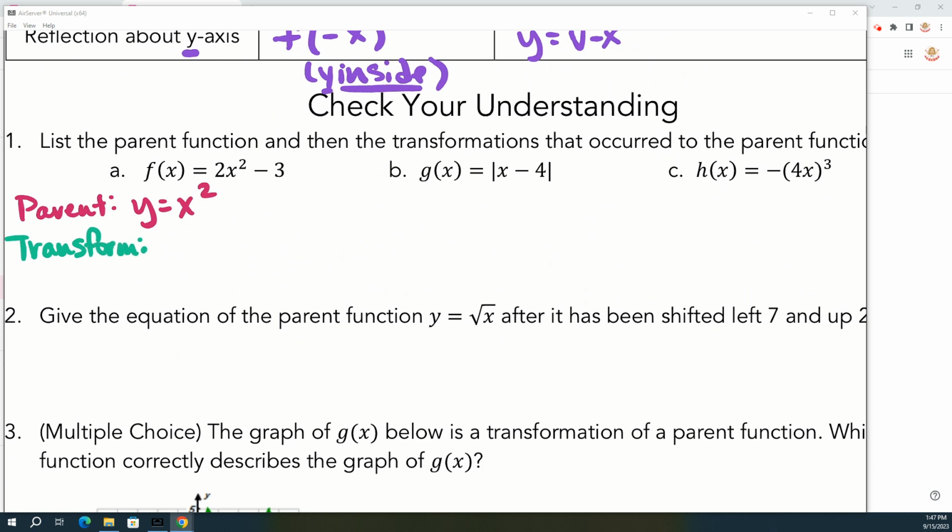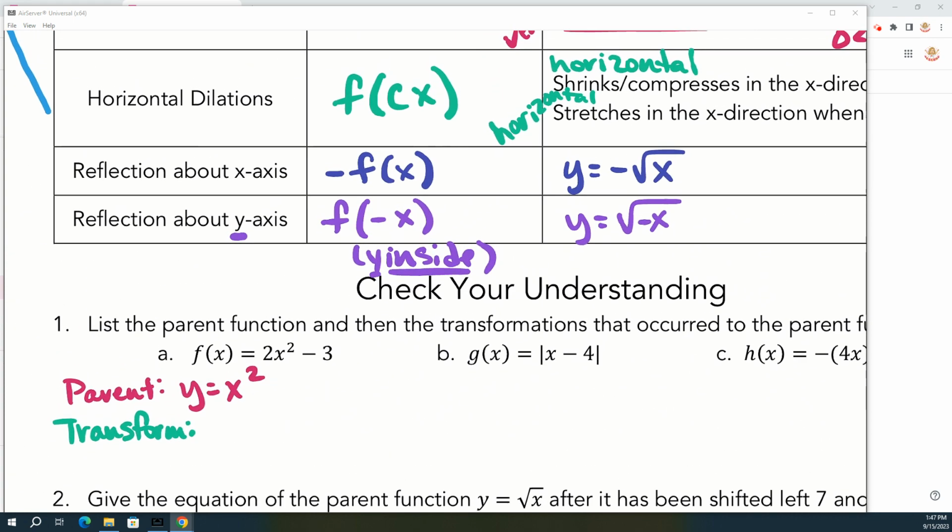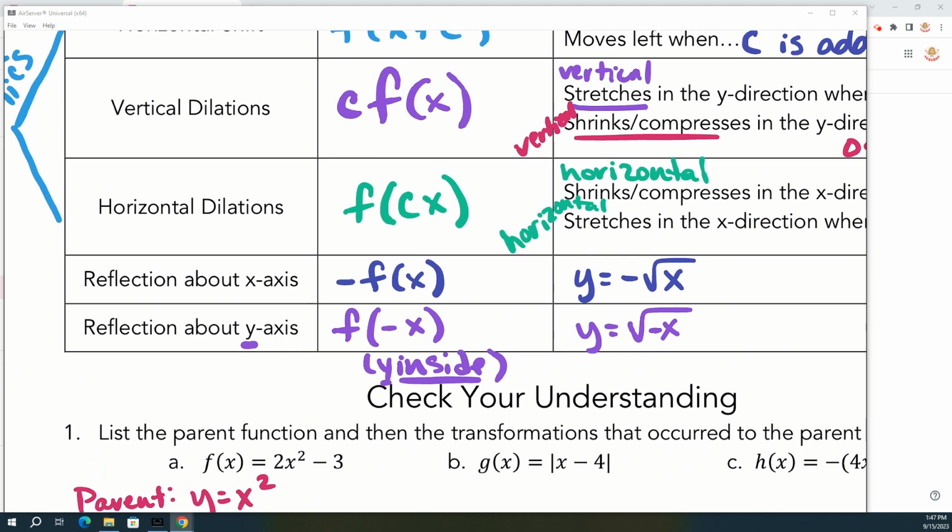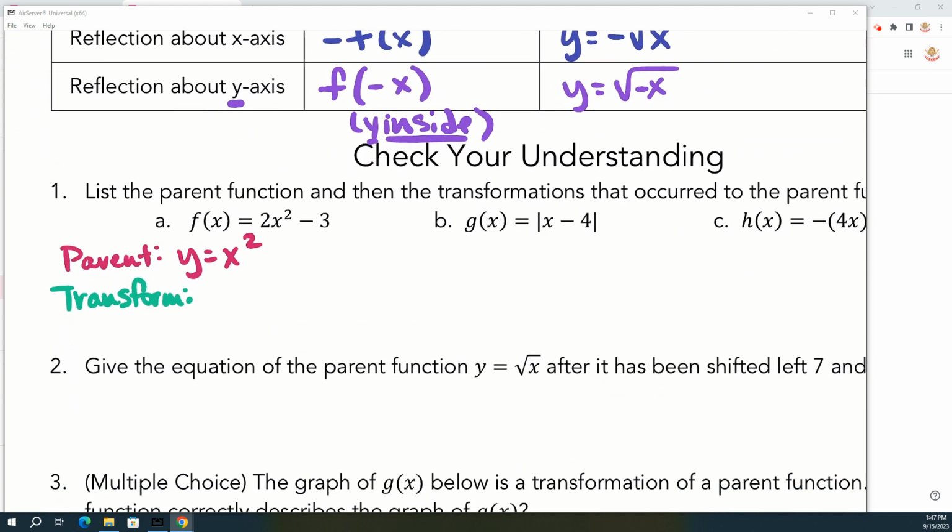All right, and then the transformations, this one actually has 2. So if you look at the parent function, if there's anything that's different in the original, it does some kind of transformation. So what does this multiplying by 2 do? Is it inside or outside? Outside, so it's vertical stretch.